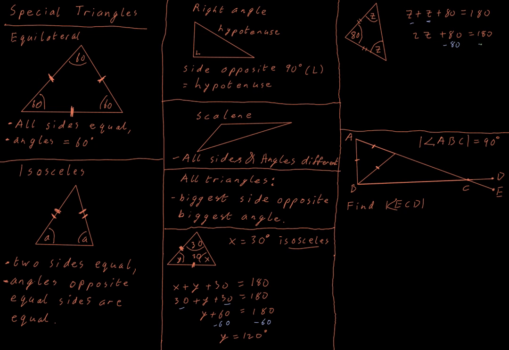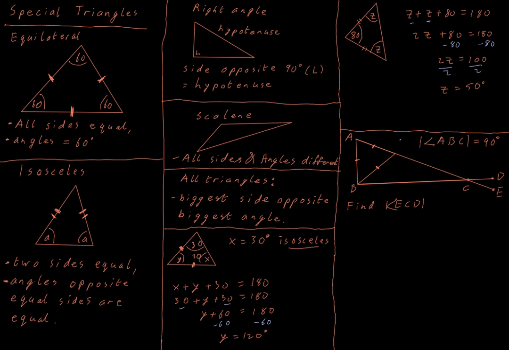Rearrange to get the Z stuff by itself on the left-hand side. Divide by the coefficient of my letter to get Z by itself, and Z must be equal to 50 degrees.